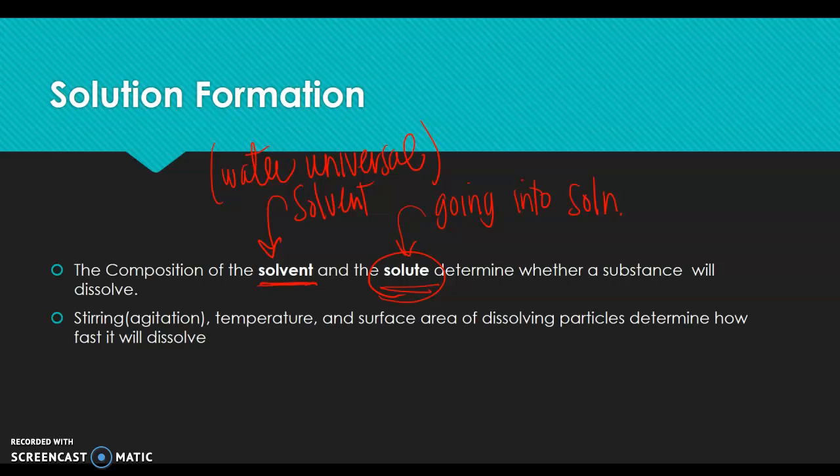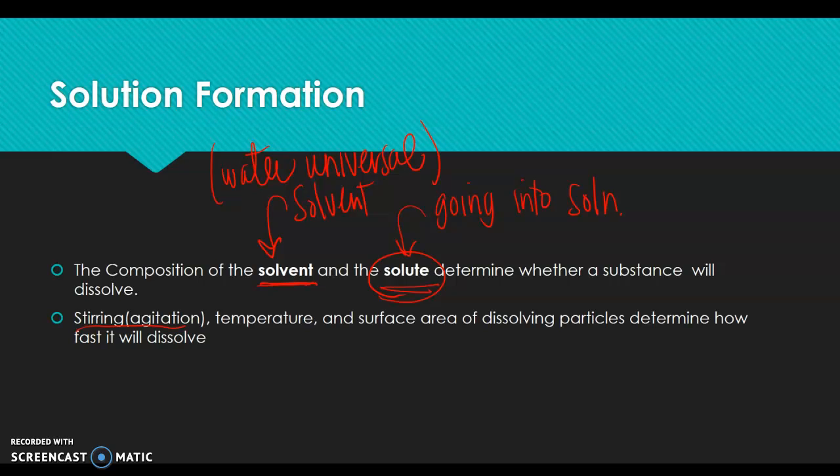There are things that we can do to determine how fast it will dissolve. You'll remember some of these from when we talked about the factors that affect reaction rate, but this is for solubility. Those things are agitation, which is simply to stir. Going back to adding Crystal Light to our bottled water, we shake the bottle up. That's agitation.